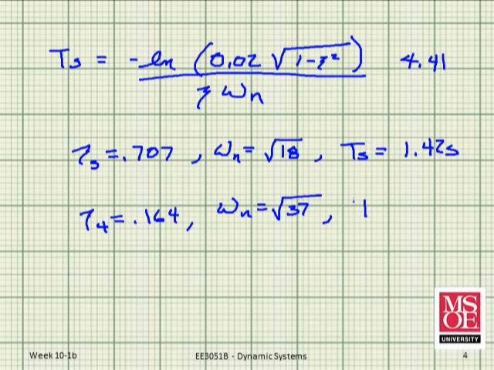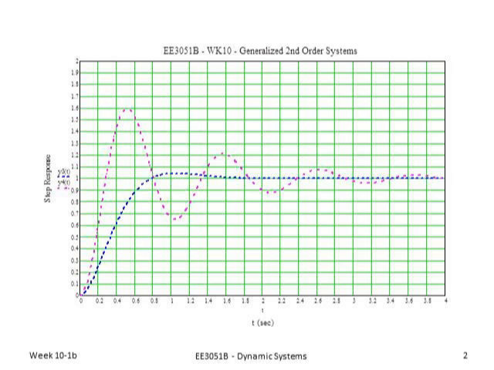We compute a settling time for that fourth system to be within plus or minus 2% of the steady state value equal to 3.92 seconds. So if we go about 1.42 seconds, which is right about here, we see system 3 is within its 2% tolerance. For the fourth system, we have to go out a ways for it to be within its settling time, or plus or minus 2% of its steady state.